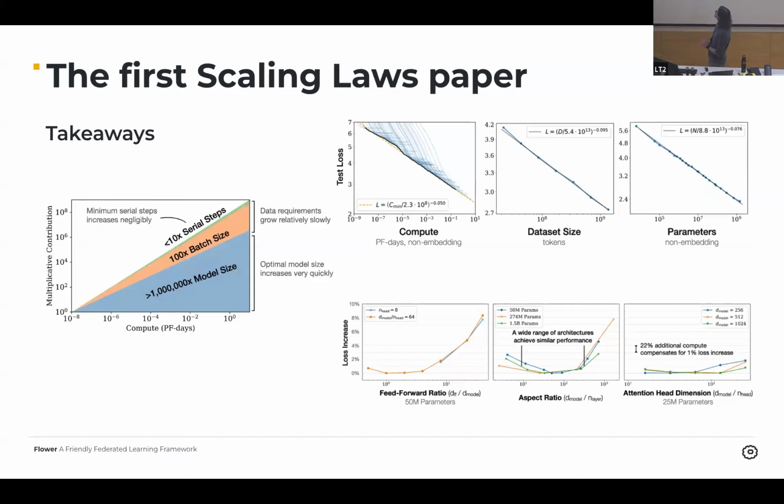Importantly, another aspect they tried to evaluate was how much the architecture itself of this kind of model matters. The main outcome is that it doesn't matter that much, even though you can see that these curves at the bottom are not completely flat. It's not like whatever the value of the feed-forward ratio is, I'm going to get exactly the same loss.